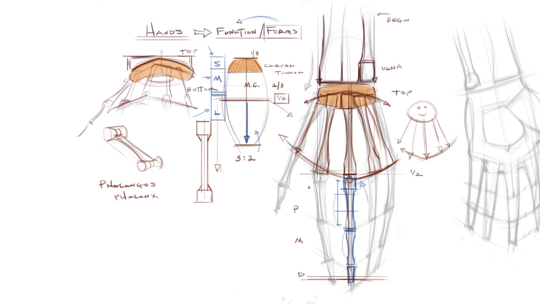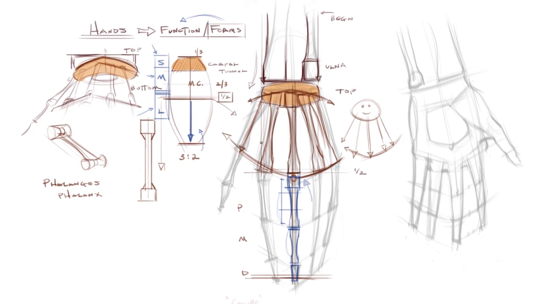The other thing I want to call your attention to is the gesture of the bone, that's the proportion of the bone. The gesture of the bone for the hand is that, relative to the middle finger, the other bones all have a gesture back in.